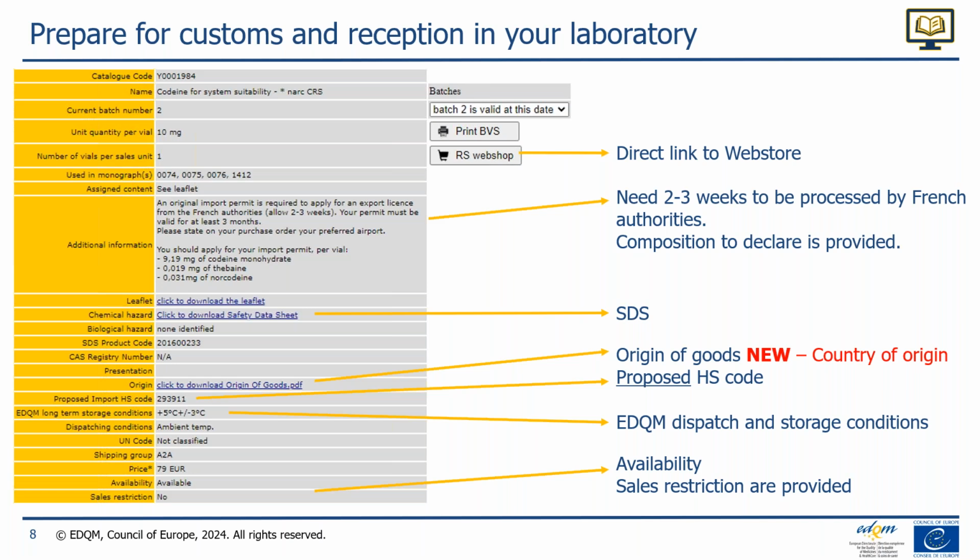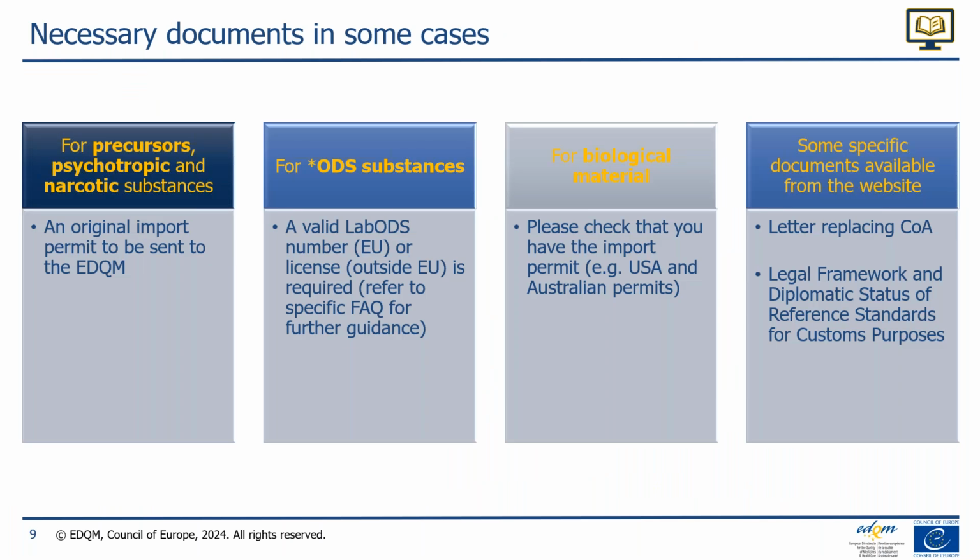We have also a section with the availability and whether we have sales restrictions on that reference or not. For certain standards, specific documents are required. For example, for precursor, psychotropic, narcotic substances, an original import permit is necessary and the authorities won't accept web copies.